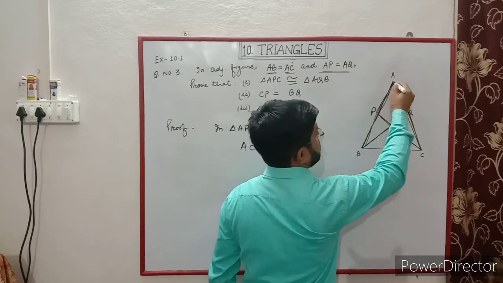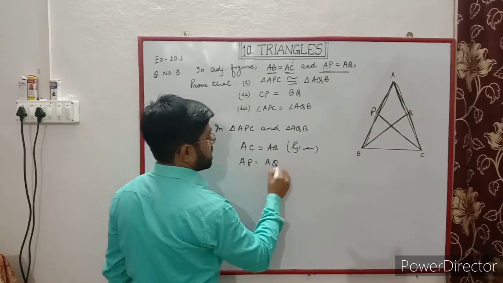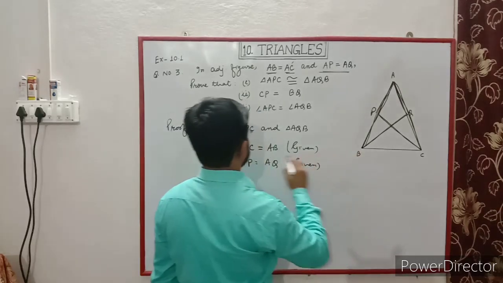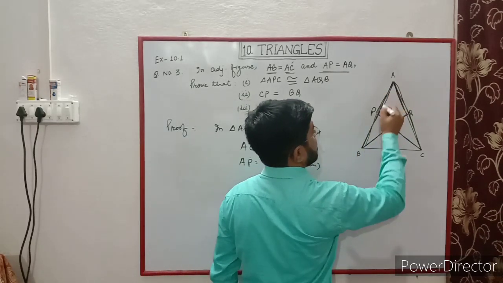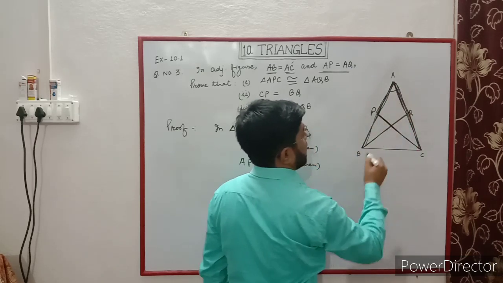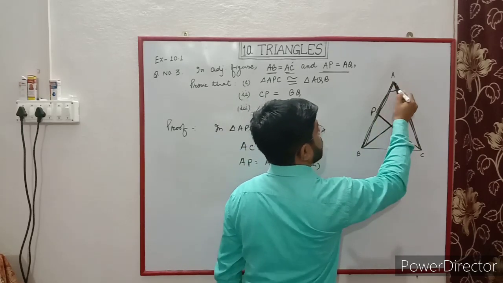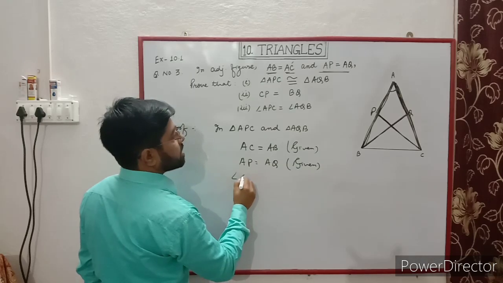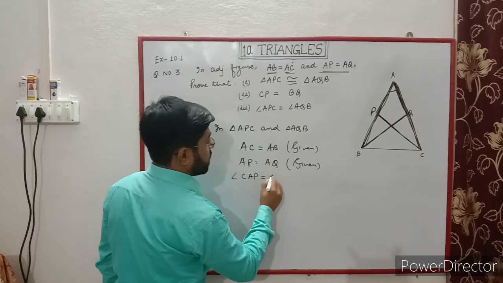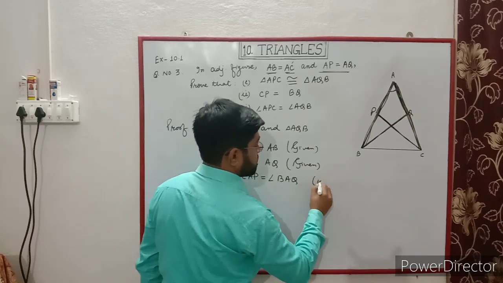It is given. Now from triangle APC, angle A, and triangle AQB, angle A is common, so angle CAP is equal to angle BAQ, common.